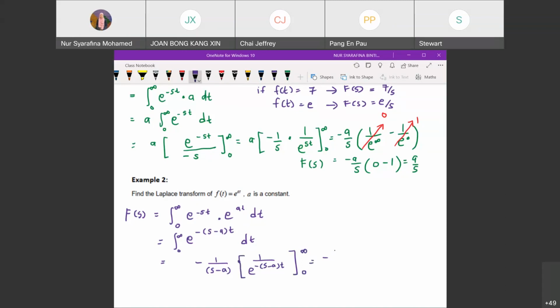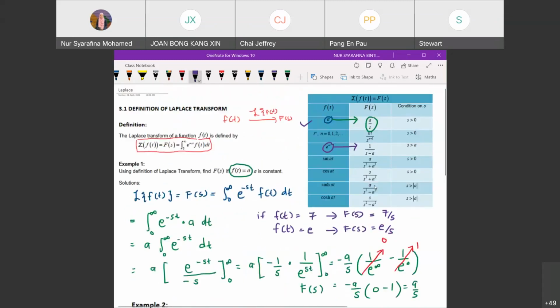So you will have negative 1 over s minus a, times 1 over e to the power of (s minus a) times infinity, minus 1 over e to the power of 0. So this is 0. This is 1. So negative 1 times 0 minus 1 gives you 1 over s minus a. So this is your F(s). Again, compare to the table: when you have e to the power of at, then you should have 1 over s minus a. Is that clear?